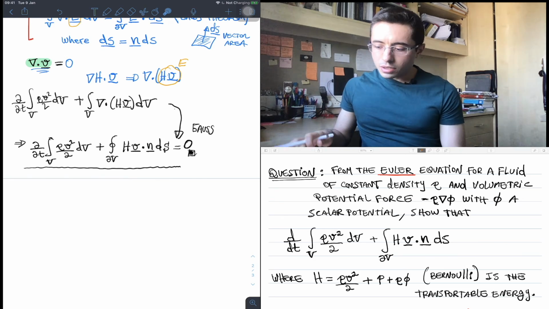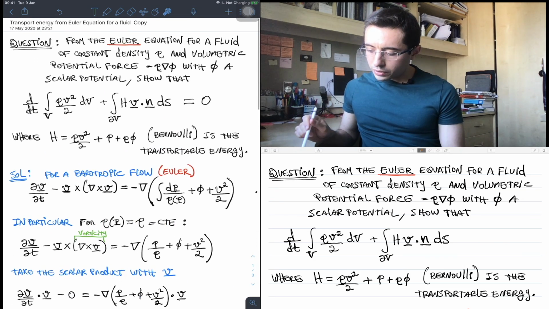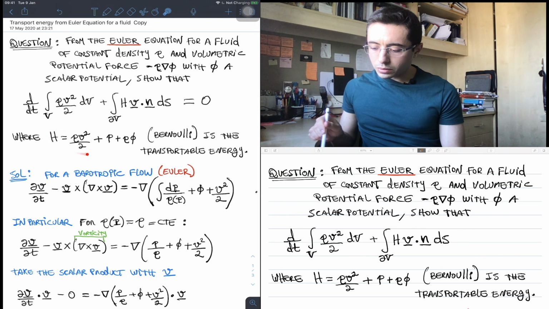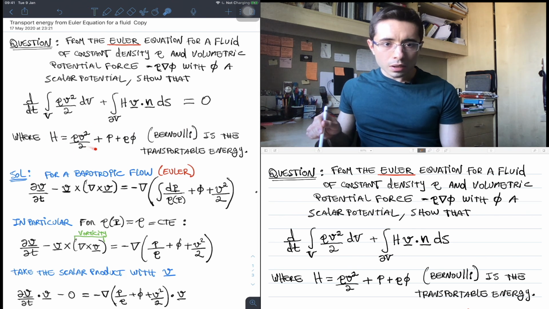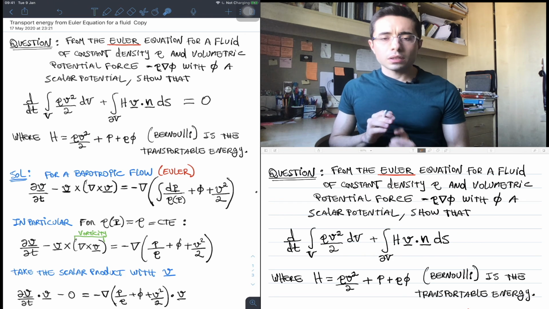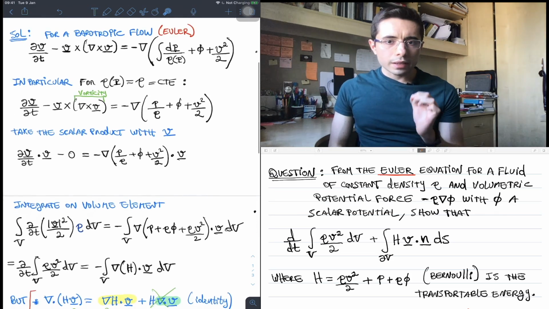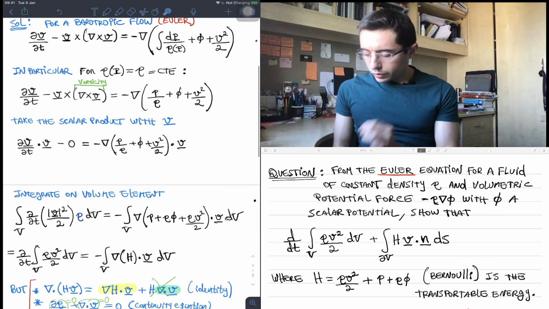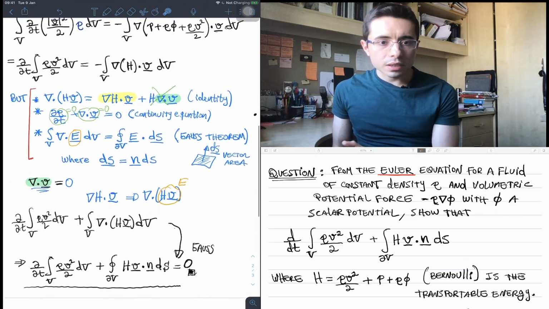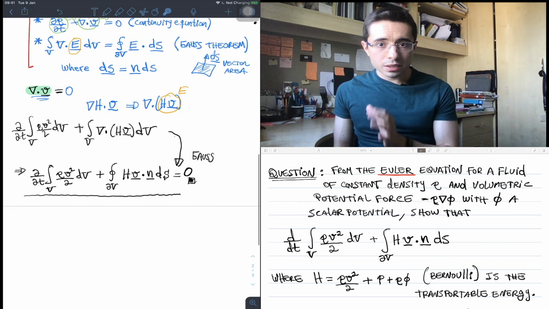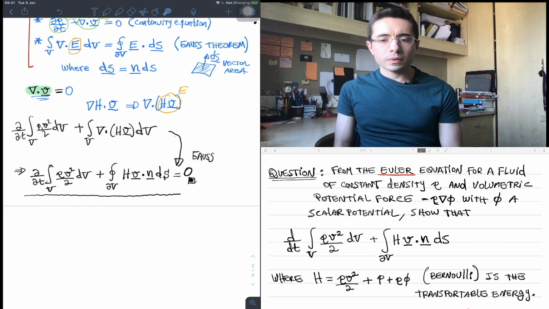This h is related with Bernoulli, because we know that the Bernoulli gives this as a constant along some lines, streamlines, for example. And then the next question would be, for example, to understand the Bernoulli's principle, which is based on these Euler's equations as well. And that's it.